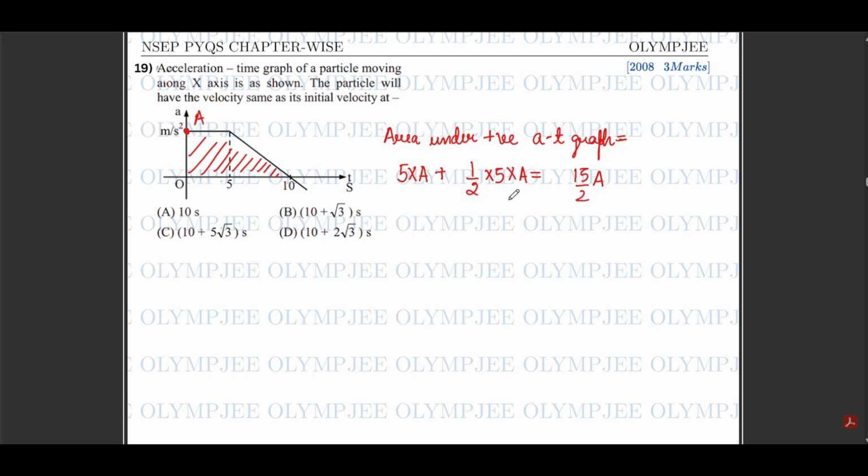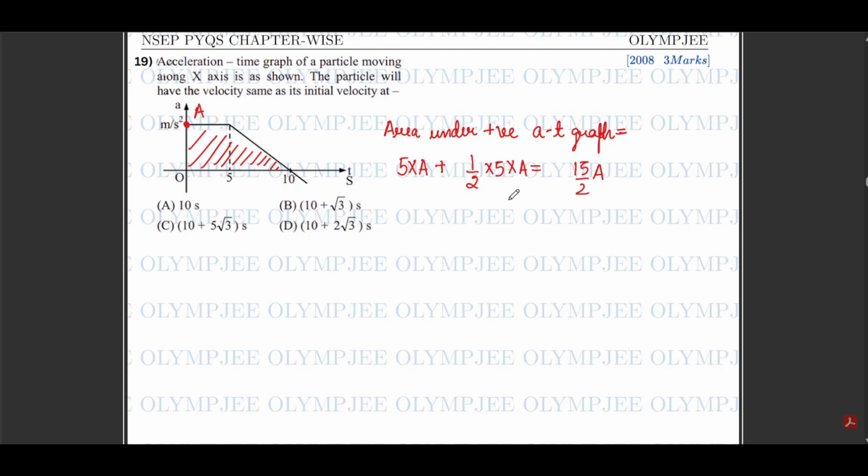So we need to find the time at which the negative area will also become 15A by 2. So let us analyze. Let this be x. So this is given as x minus 10, and let this be p.